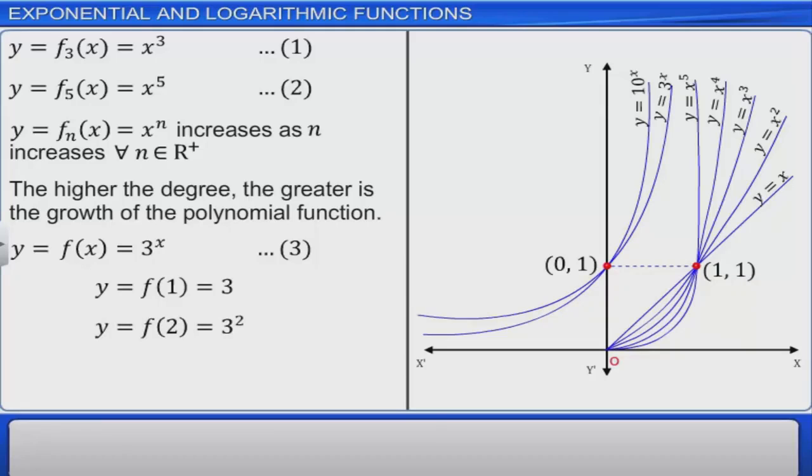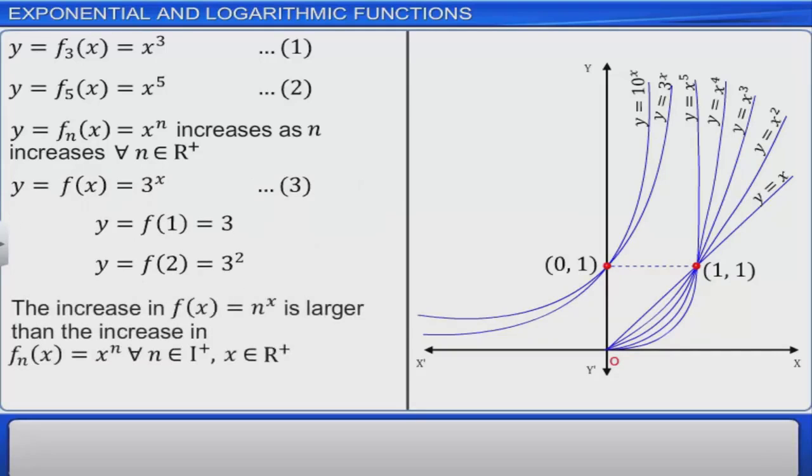Observe that function f of x increases faster than function f3 of x, with an increase in the value of x from 1 to 2. Thus we can say that for any positive integer n and for any positive value of x, the increase in f of x is equal to n raised to the power x is larger than the increase in fn of x is equal to x raised to the power n.